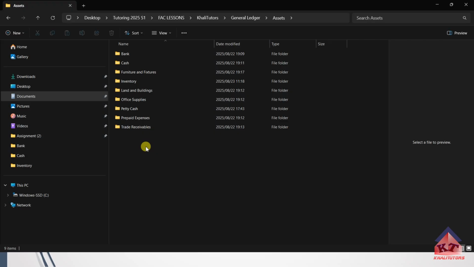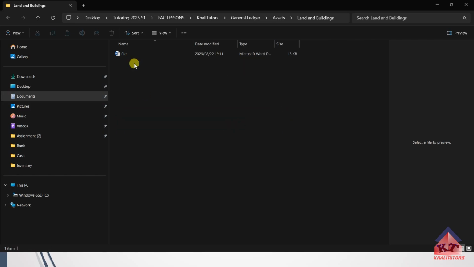Let's say the company has land and buildings, then you will have a folder for land and buildings. Inside this folder, this is an account, remember. Inside this folder, we record the increases and decreases of land. Let's say we purchase land, then we are going to record that information in the file inside this folder, okay?